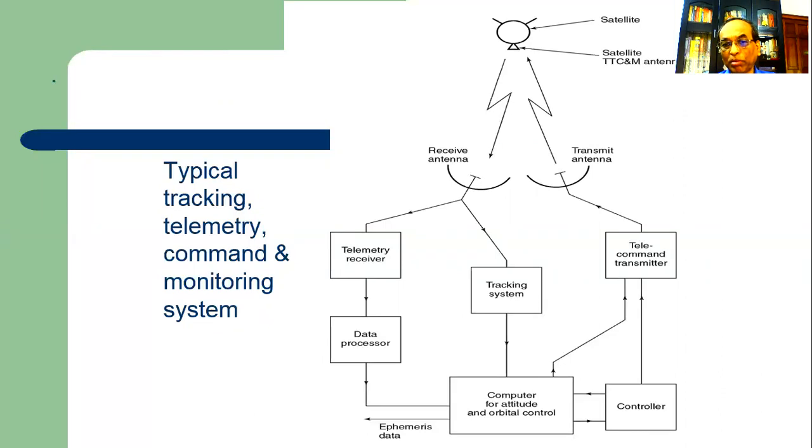Then from that mainframe computer, that computer will generate a signal that will go to the transmitting antenna through the telecommand transmitter.